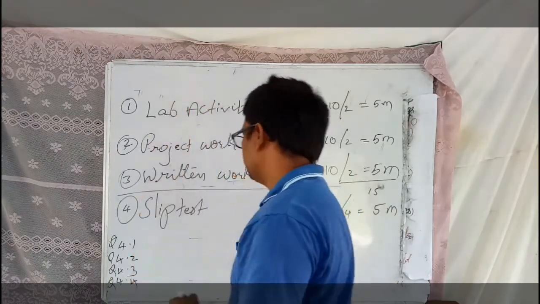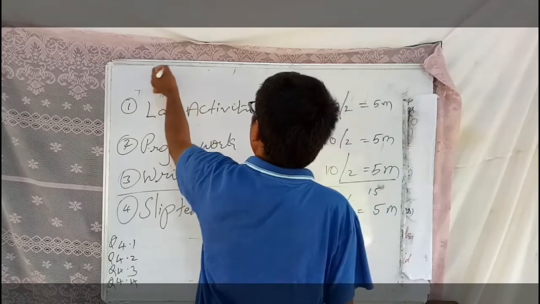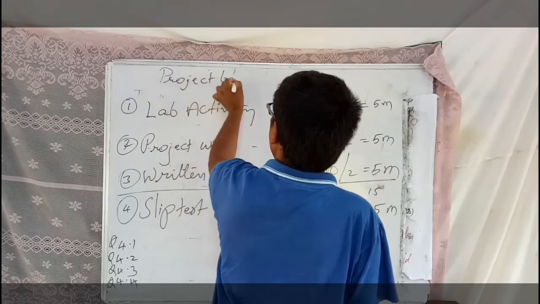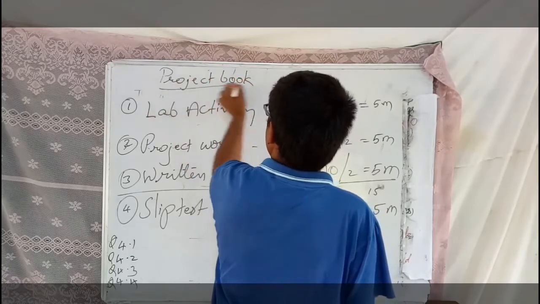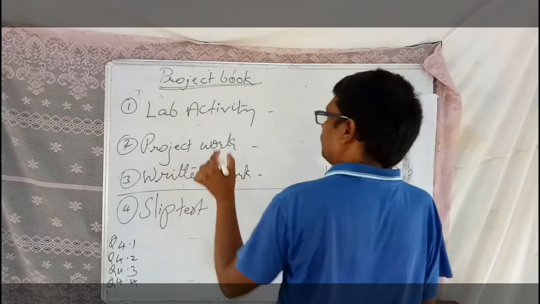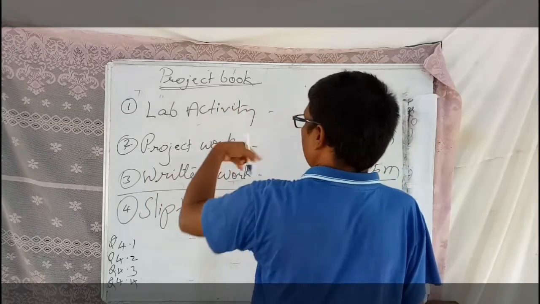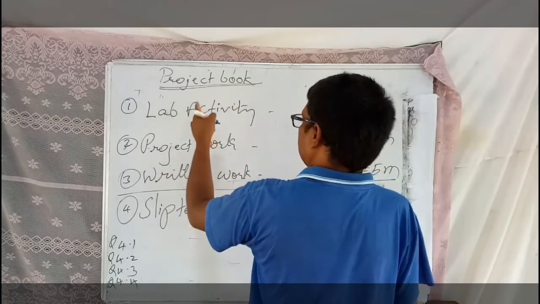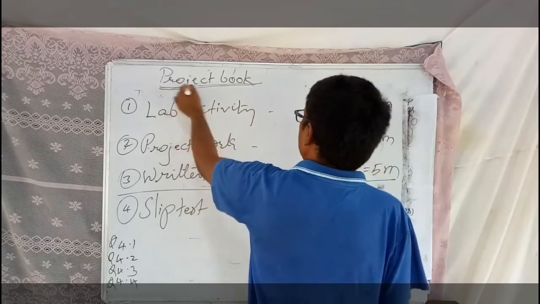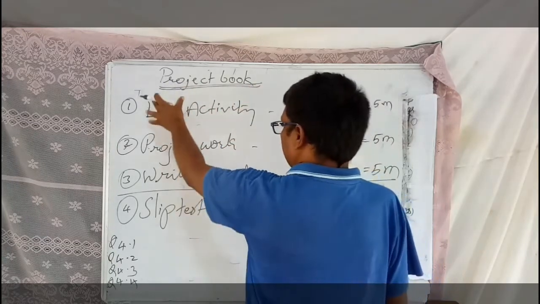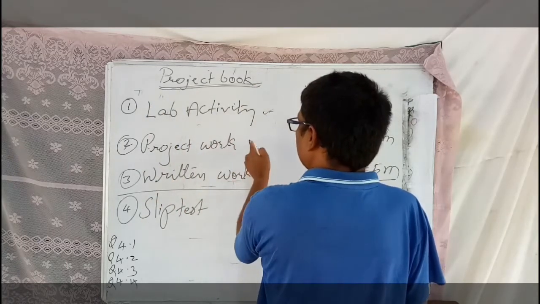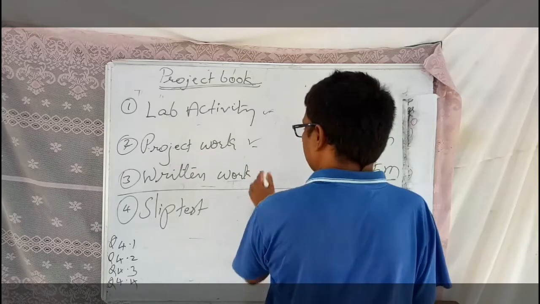All of these things you should write in where? A project book. Students, you already have a project book for all the subjects, right? In the same way, you have to write all the things in the project book. The order should be like this: first lab activity should be written, then project work should be done, then written work.